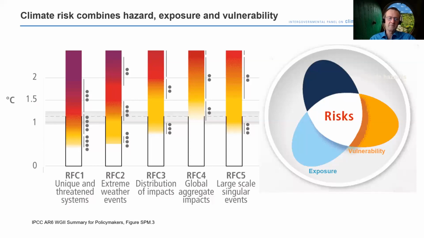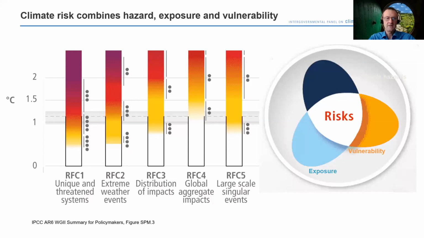As far as extreme weather events are concerned, for example, the frequency of heat waves would be expected to drop down again, but that neither brings back the people who were affected by heat waves and by extreme flooding events during the period of overshoot, but also those events in the past may have changed the vulnerability and the adaptive capacity of communities, which means that the risks in a climate where temperature is reduced again may not be the same as the risks were before the climate started to exceed a given threshold.